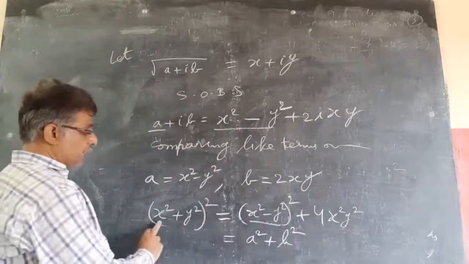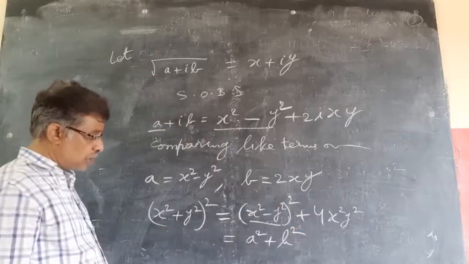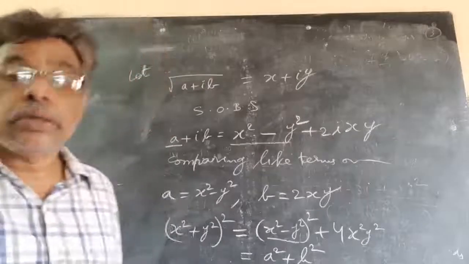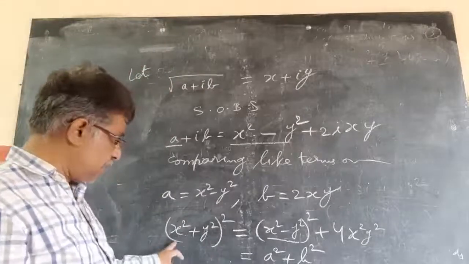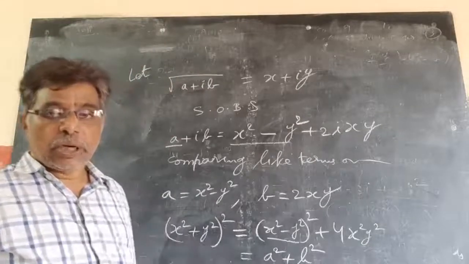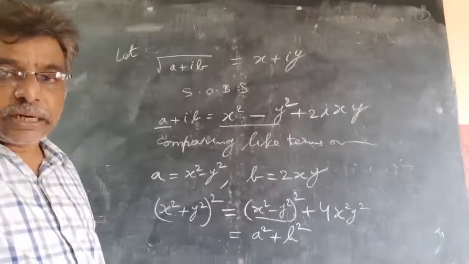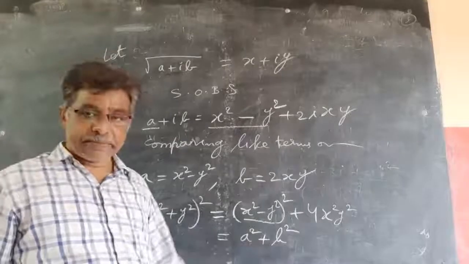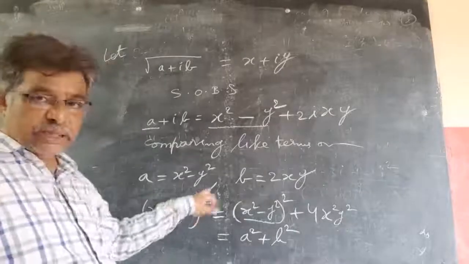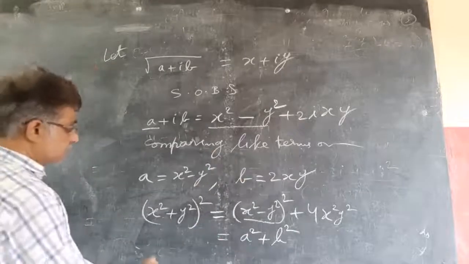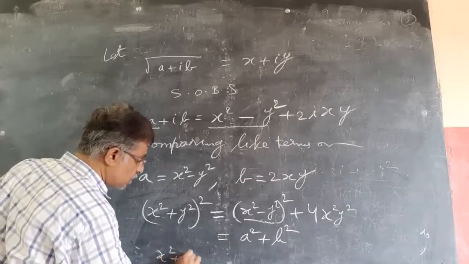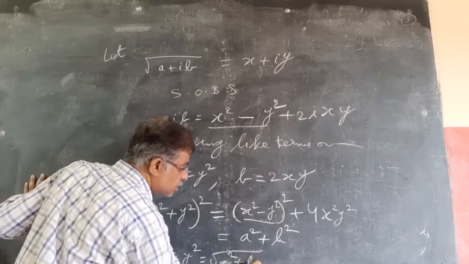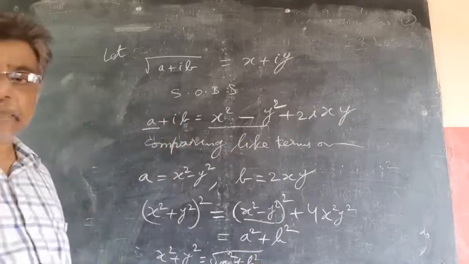So x square plus y square whole square equals a square plus b square. Now if I take out the square, I will get a square root. So x square plus y square equals the square root of a square plus b square.